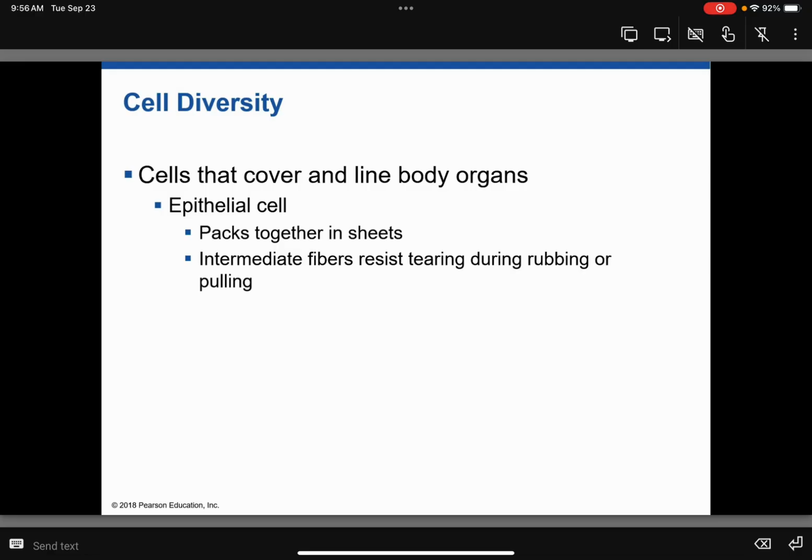And then things like fibroblasts are able to help hold them together. But also, if we go back to our cell membrane junctions, tight junctions, desmosomes, and gap junctions help to hold those together to protect against wear and tear, because our skin undergoes a lot of wear and tear on a daily basis, right?